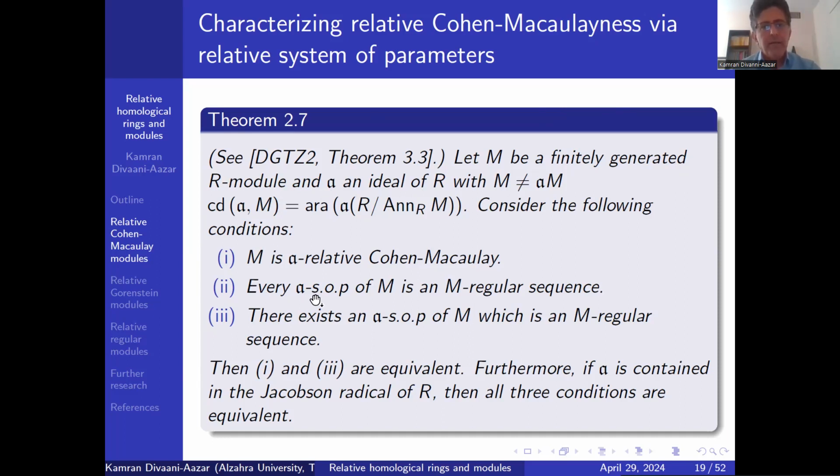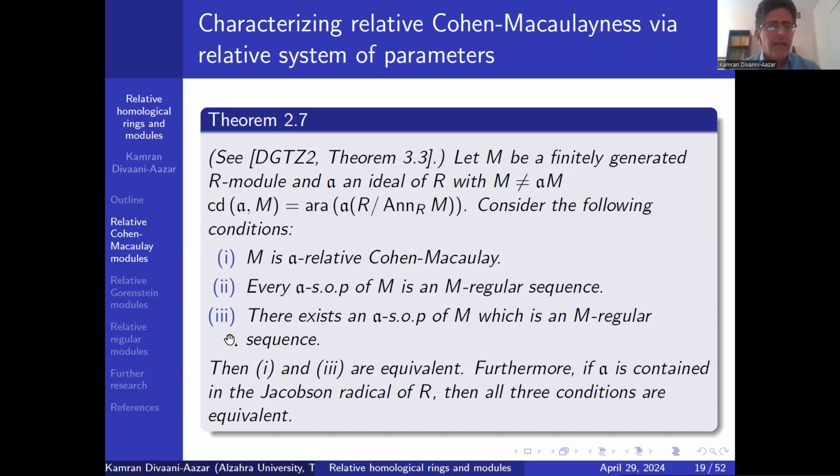Second, every A relative system of parameters of M is an M regular sequence. And the third, there exists an A relative system of parameters of M which is an M regular sequence. Then always the first and the third one are equivalent. Furthermore, if A is contained in the Jacobson radical of R, then all of these three conditions are equivalent.